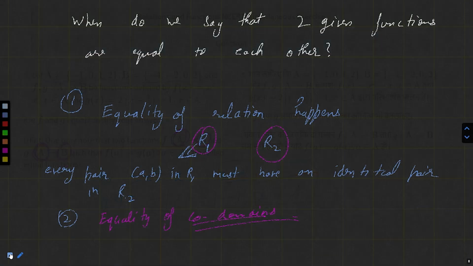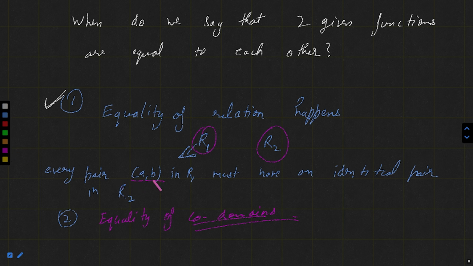Because if you saw this point, every pair in this relation must have an identical pair in this relation.